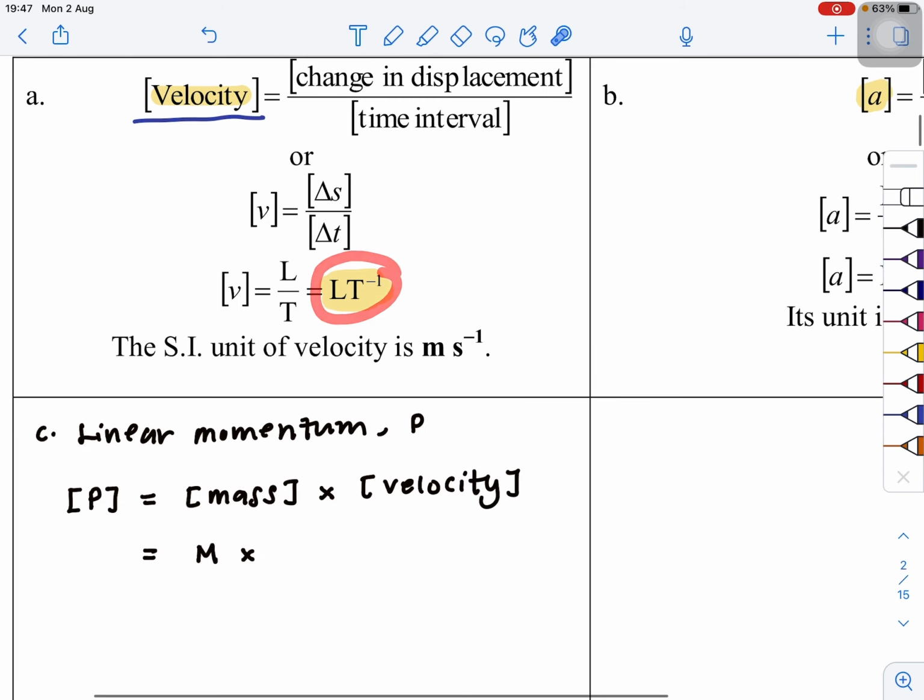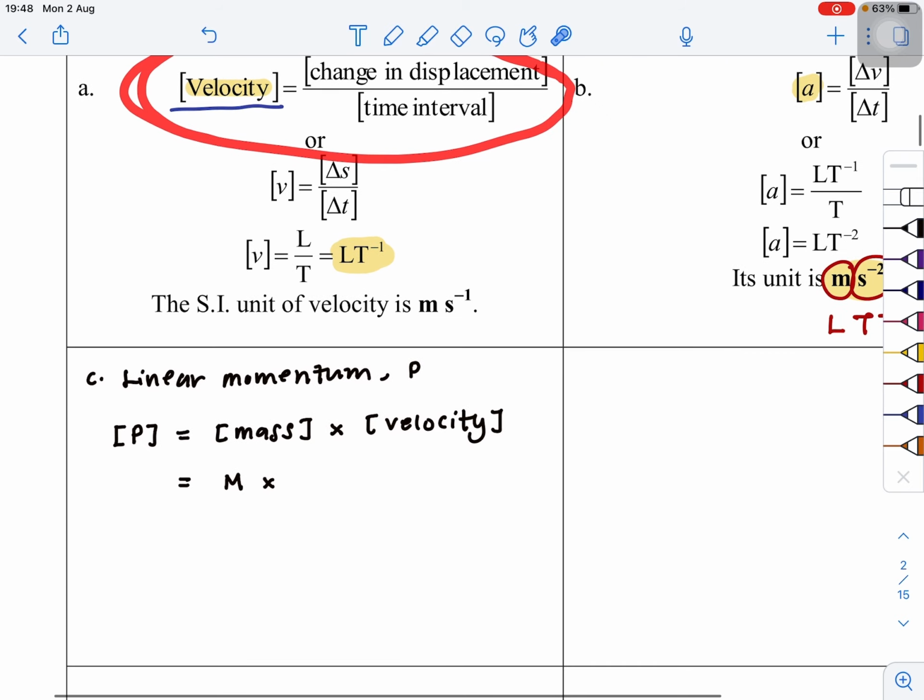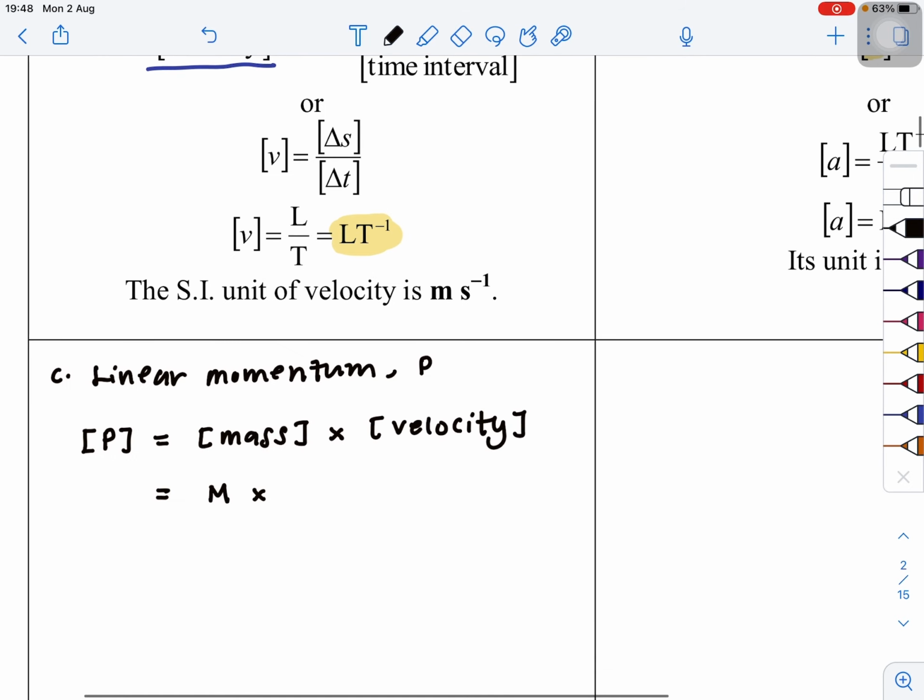Okay, sebab kita sudah buat dekat soalan A, then we can just use this one. But kalau kita tidak buat di soalan yang sebelumnya, so meaning that you have to start with this. Okay, so now sebab kita sudah buat, so you just write down LT to the power of negative 1.